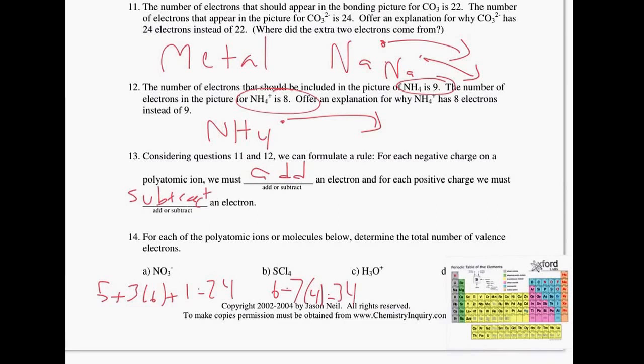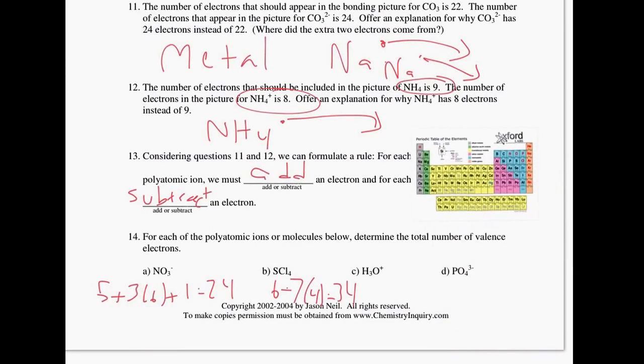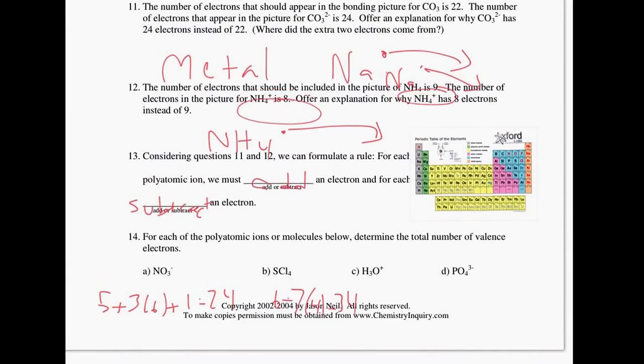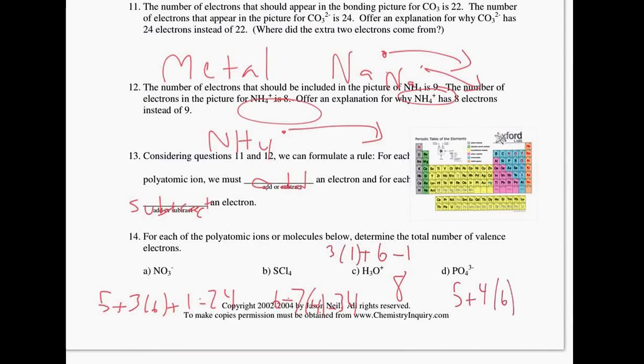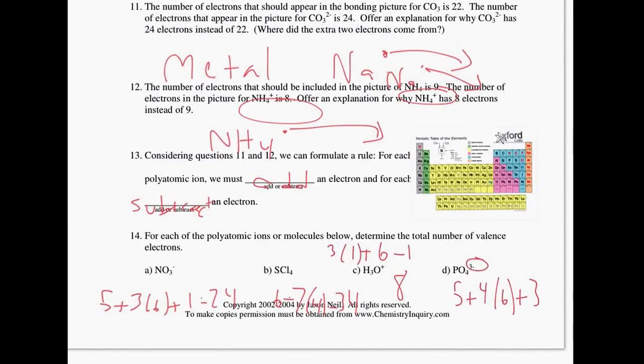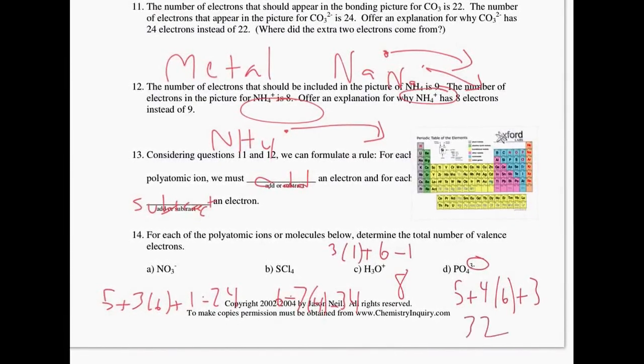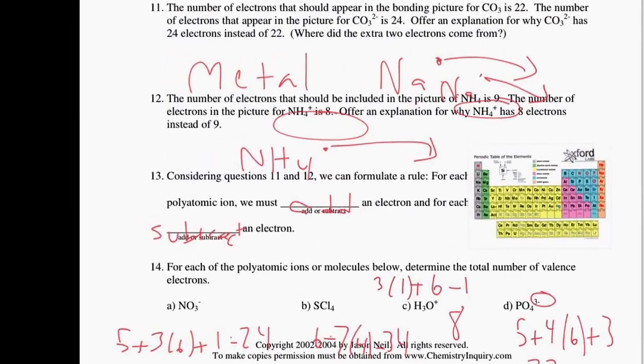And H3O plus, we're going to go 1 plus 1 times 3 plus 6 minus 1. That is 3 plus 6, that's 8 valence electrons. Phosphorus is in the 5th column, plus 4 times 6, plus an extra 3 electrons to do the negative 3. We've got 32 valence electrons for PO4 minus 3.